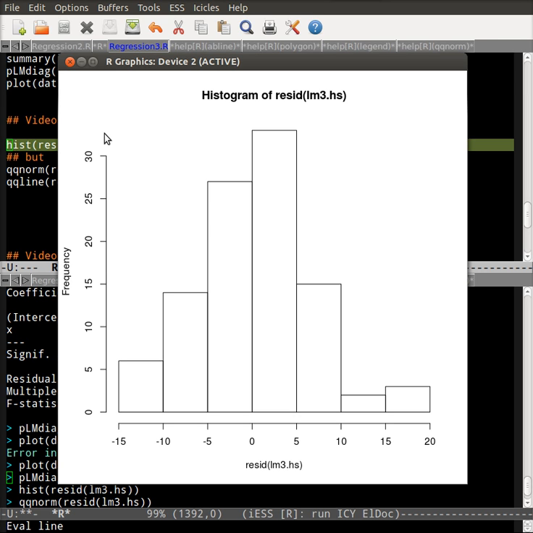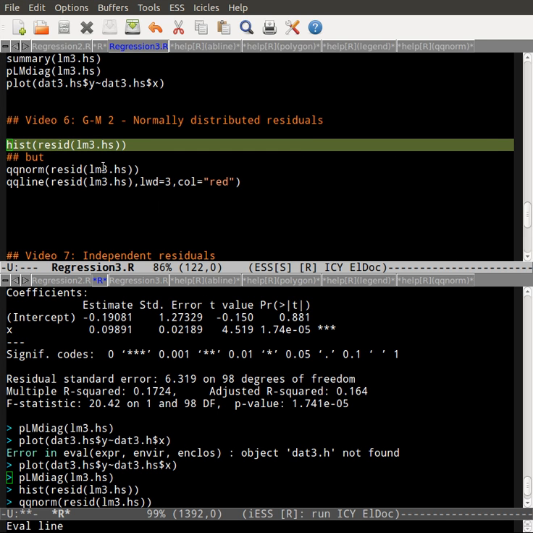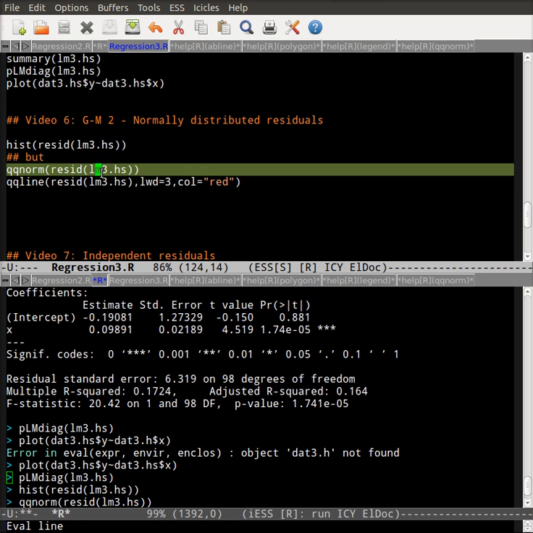So here's a histogram of the residuals from a pretty simple linear model, the same linear model I showed you before that had heteroscedasticity. As you can see here, the residuals are pretty wide. We have some really big residuals, and from a histogram it's tough to determine whether they are normally distributed, and that's the reason why we use these QQ norm plots.